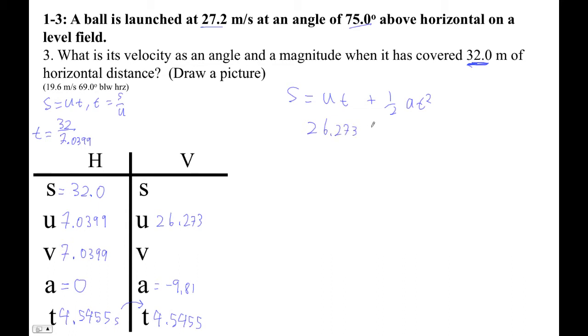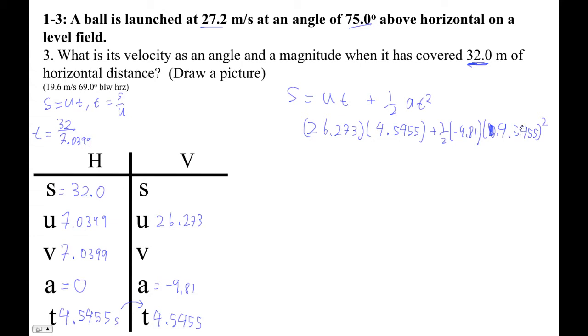So let's just plug this thing in. 26.273 times 4.5455 plus 1/2 times negative 9.81 times 4.5455, and don't forget to square that.